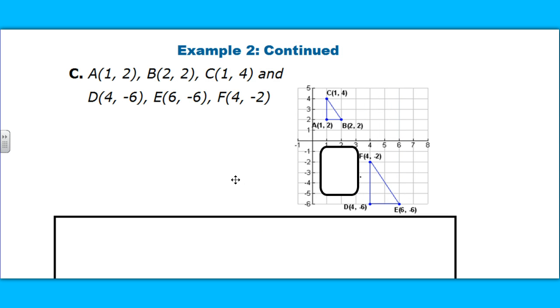Next, example C, we have triangles. And so if we were to plot the two triangles given, we see ABC and down here DEF. So this is interesting because when we look at the math, 1 times what gives you 4? Well, 1 times 4, right? But 2 times 4 doesn't give you 6.